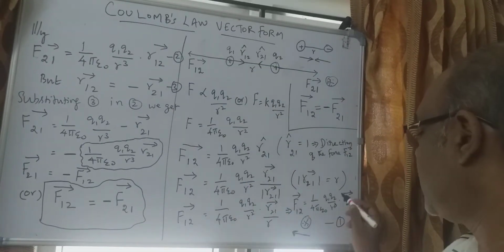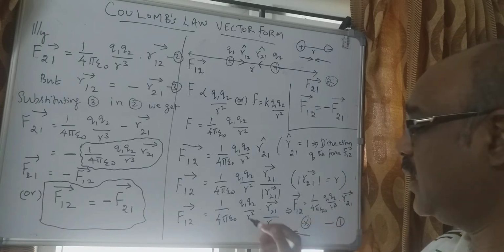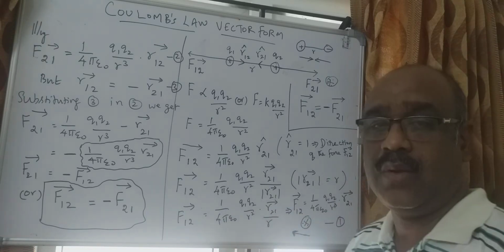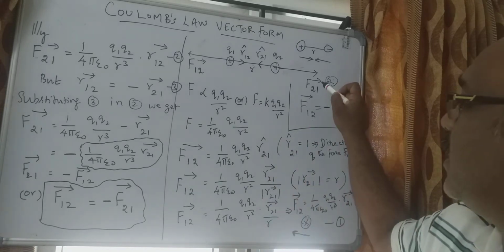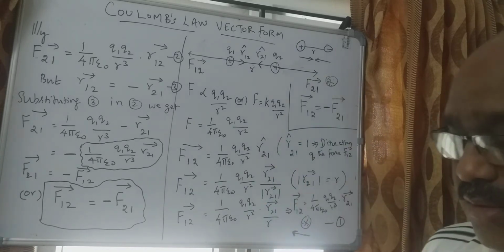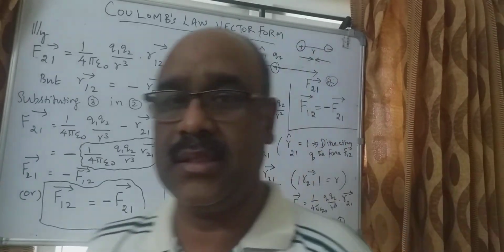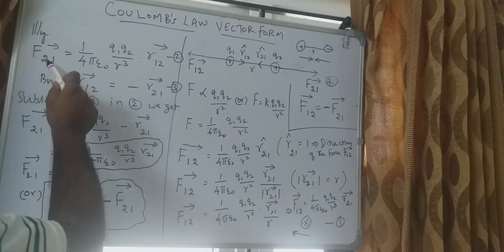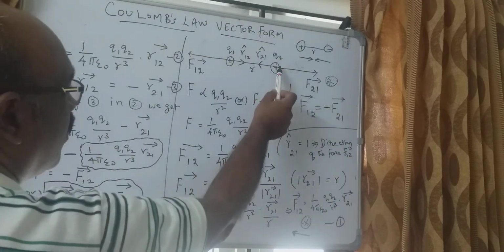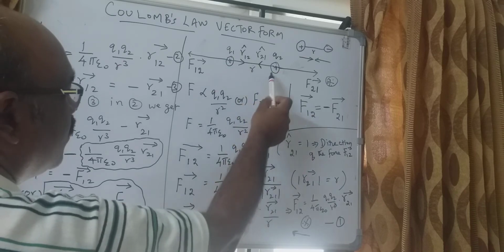So, this is a very important equation. Let us take this equation as equation 1. And now let us go to the next force, which can be written here like this. There is force exerted on 2 by the charge 1.